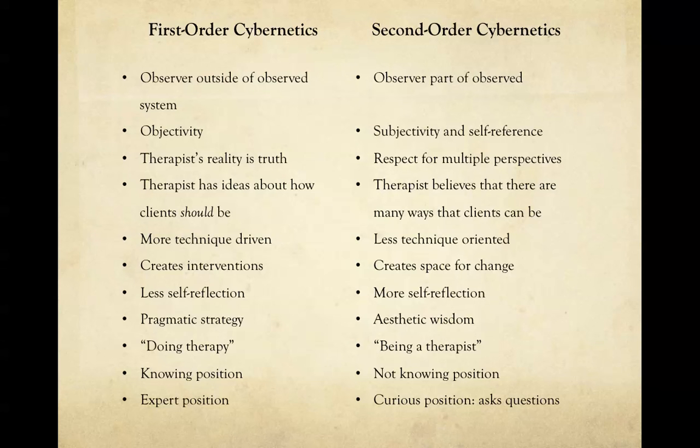A first-order therapist takes a knowing position, whereas a second-order therapist takes a not-knowing position. Now that doesn't mean that we don't have certain expertise and that we know nothing. What it means is that we take a curious position. We ask questions. We don't see ourselves as the expert.